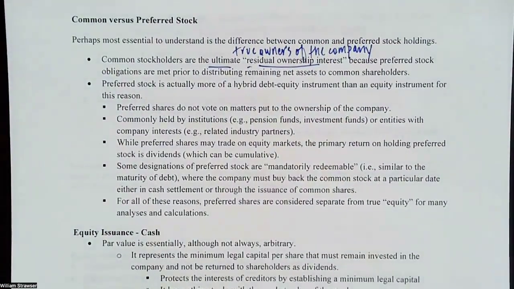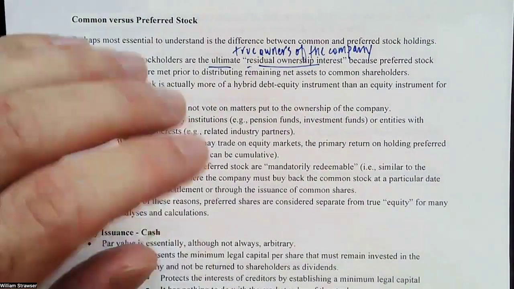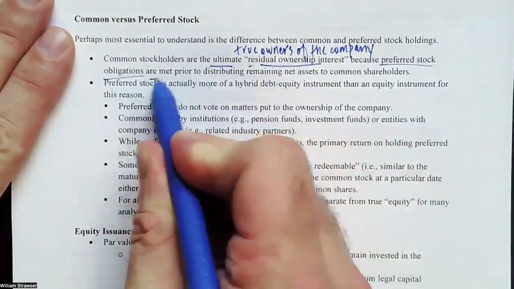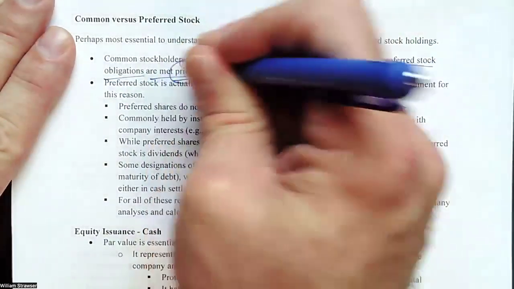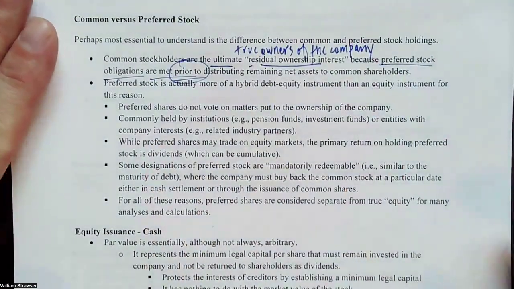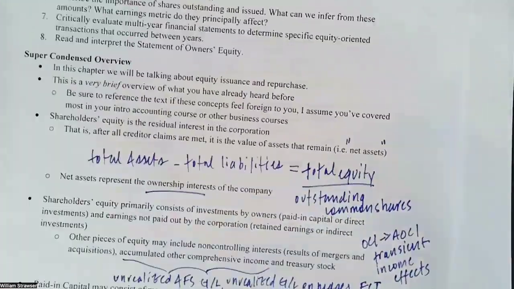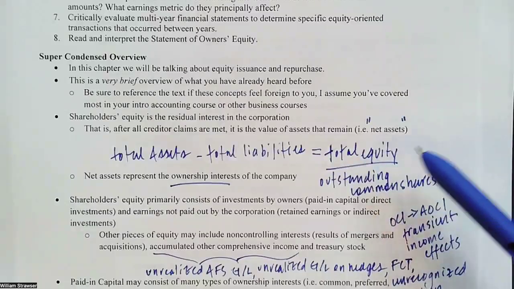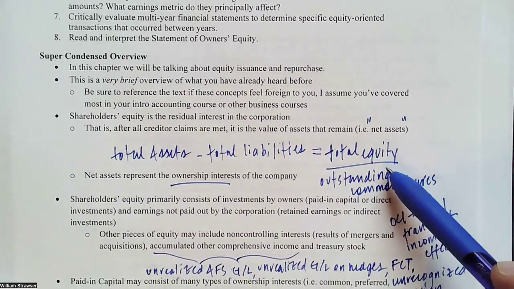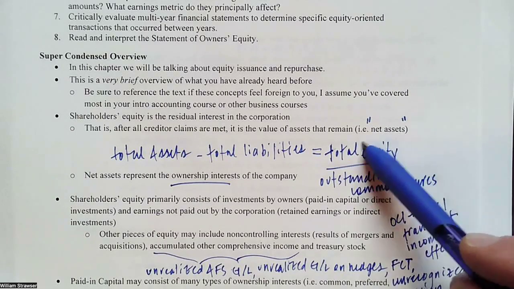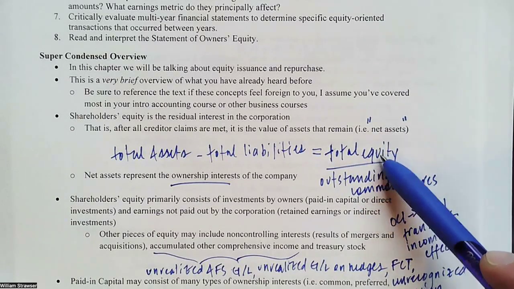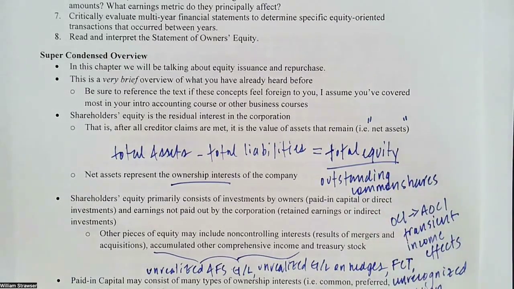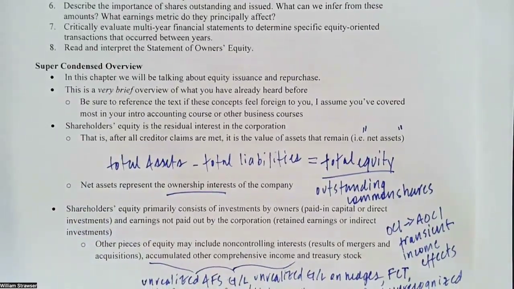And they are the most residual ownership because preferred stock obligations are met prior to distributing any other net assets to common shareholders.